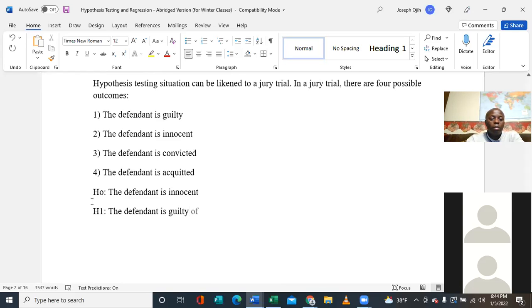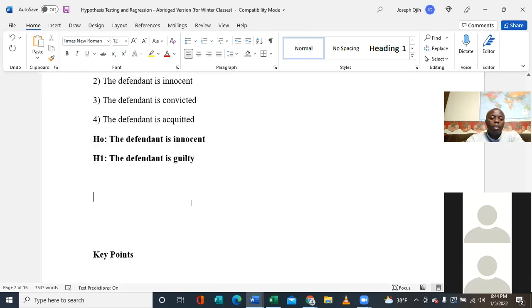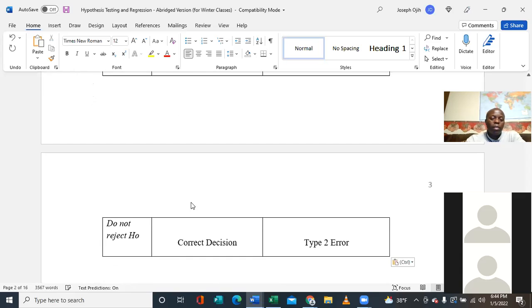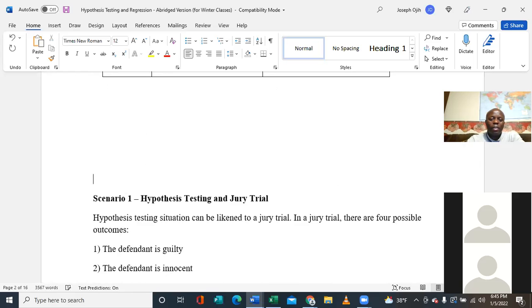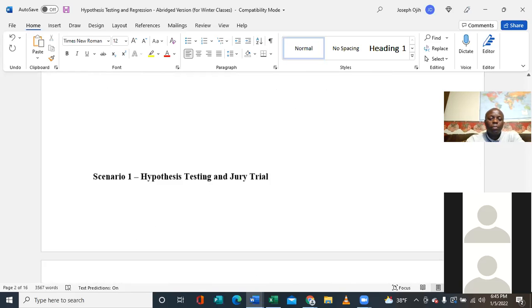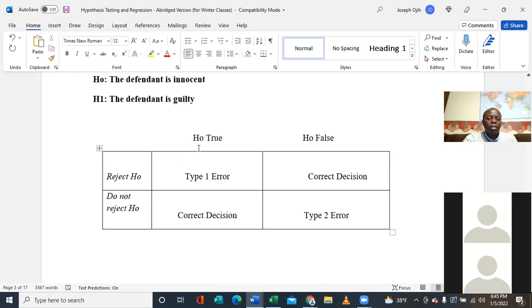Okay, so this will become our hypothesis. Now, of course, the state attorney or the prosecutor presents the evidence to the court, and this is the possible result.